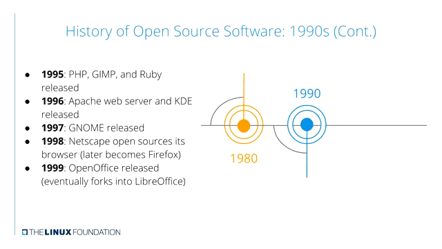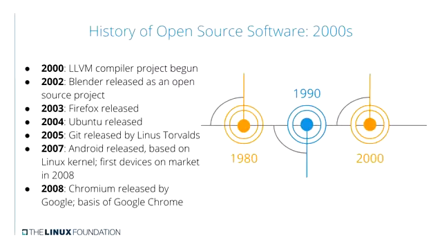This, of course, later became Firefox. And OpenOffice, a full-featured Office suite that was available across many operating systems eventually, was released. And today it has forked into LibreOffice, which is the form that's used on most Linux distributions, if not all.